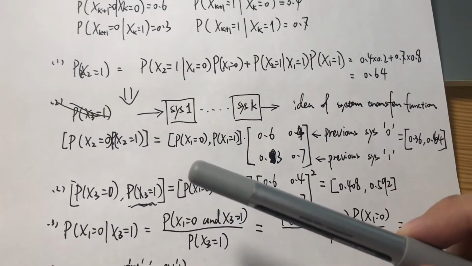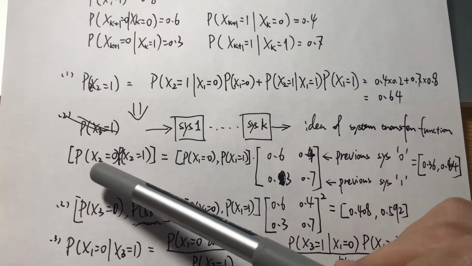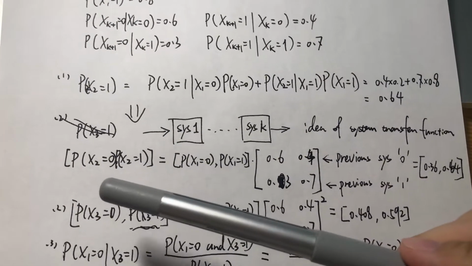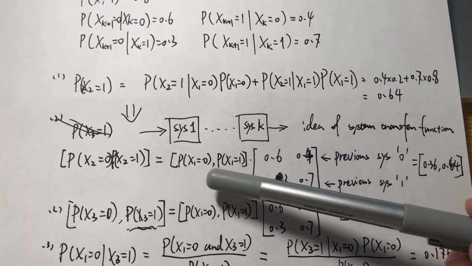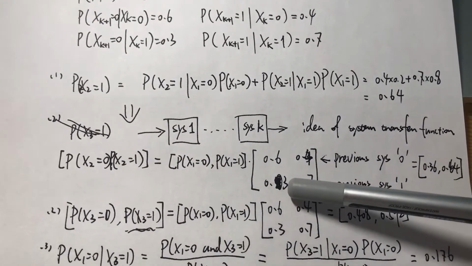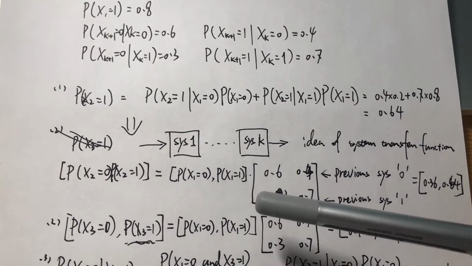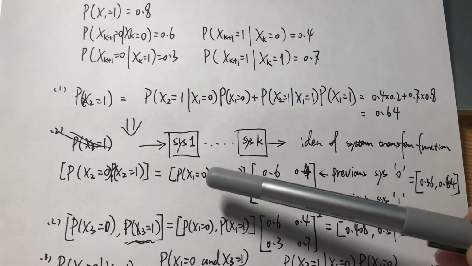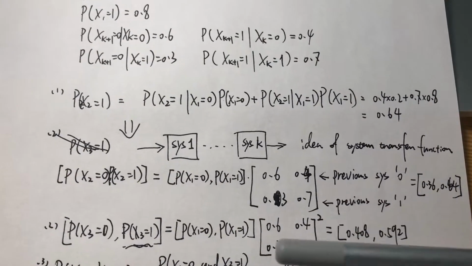So we can write it in matrix form. This is the probability of x2 equals 0 and x2 equals 1, the two probabilities, and this one is the initial probability. This one is the system. We use the matrix to describe the system, which means the whole probability when the two situations go through the system.